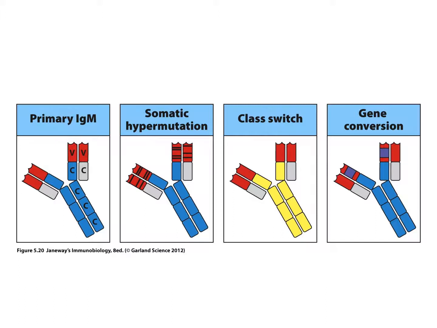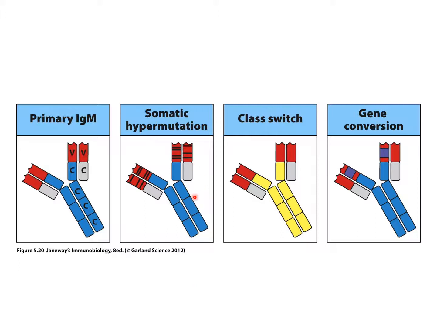So when you look at it, this is our first antibody, the B-cell receptor for that mature naive B cell. It gets activated, and you're going to get some somatic hypermutations, which is going to change regions in the VDJ for the heavy and just VJ for the light chain.